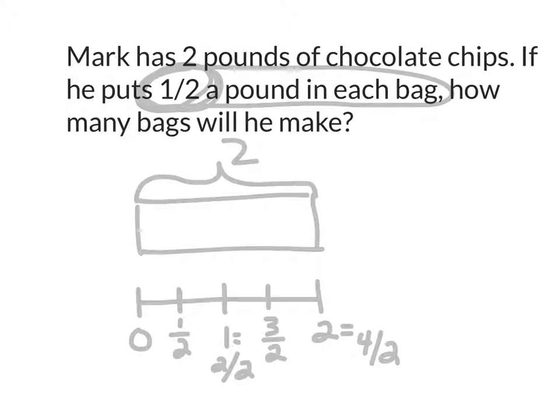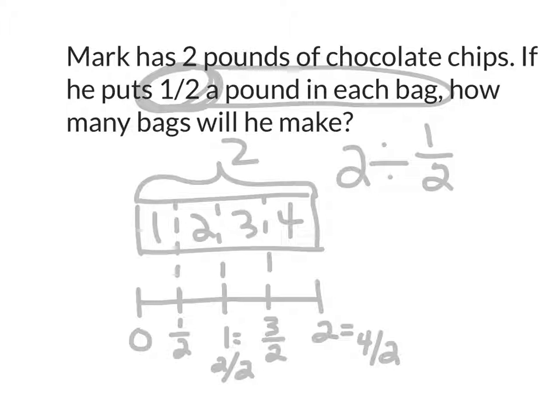So if we make our little dotted lines up to break up our tape diagram, we can see that we're breaking our tape diagram into 4 sections. Our 2 whole pounds of chocolate chips are broken up into half pounds. That would equal 4 spaces or 4 bags.